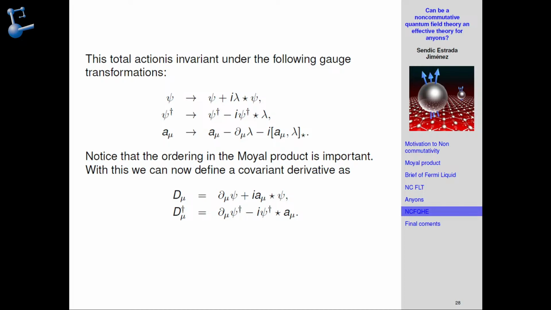Because I mean, lambda here is a gauge parameter or what? Yes, it's a gauge parameter. Right. And how is the Moyal product defined between the fields and these parameters?